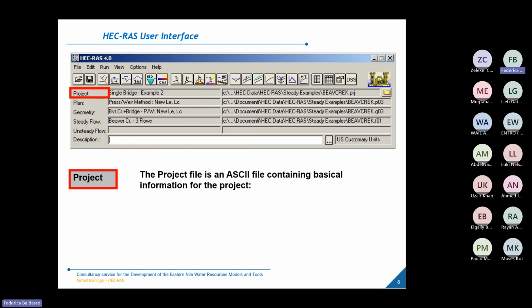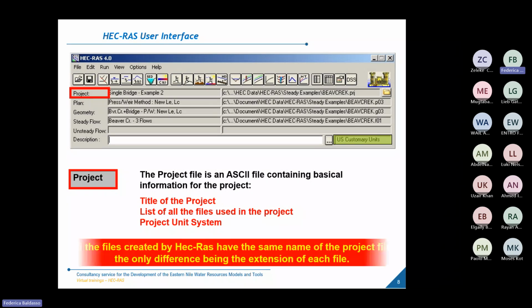The project file contains all the basic information for the project. It contains the title of the project, the list of all the files used in the project, and the project unit system. You can see the project unit system also by checking at the right bottom of the menu, and you can always see which units you are using for the selected project.